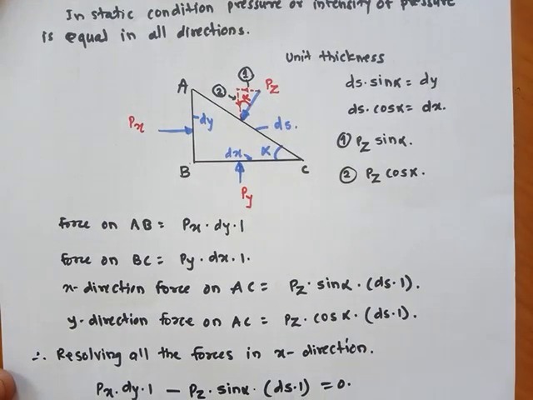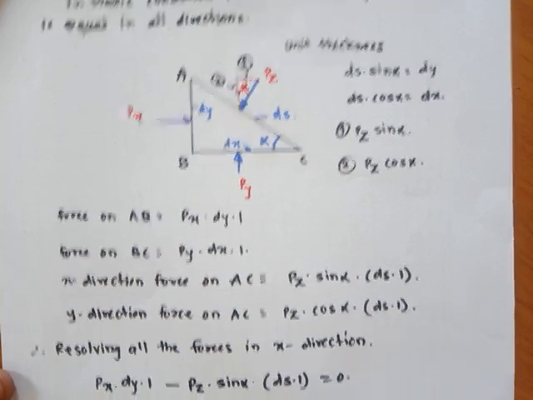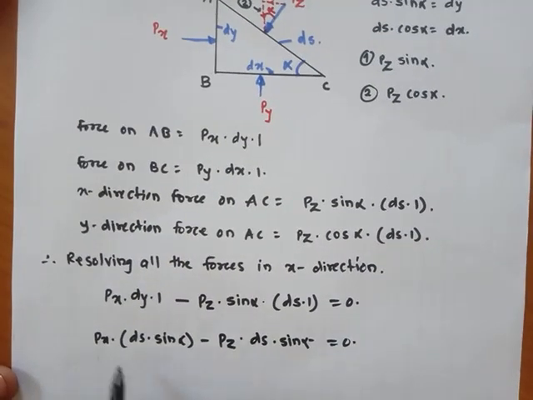Substituting, we get Px ds sin alpha minus Pz ds sin alpha is equal to 0.